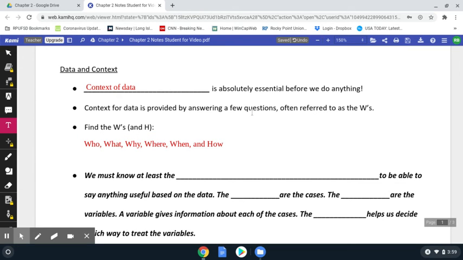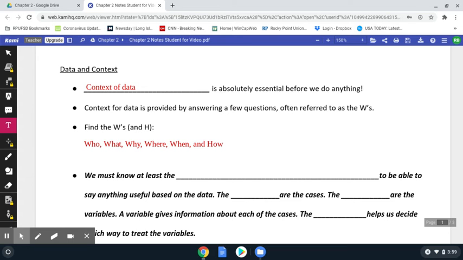Now, let me just be very forthcoming with you and telling you that we don't always have to answer all of these questions. I don't want you to think that every time we look at a data set or a singular piece of datum, remember data is plural, datum is singular, that we suddenly have to ask 6 different questions to get context. Often 2 to 3 really provide the context we need, so we can feel comfortable in doing that.